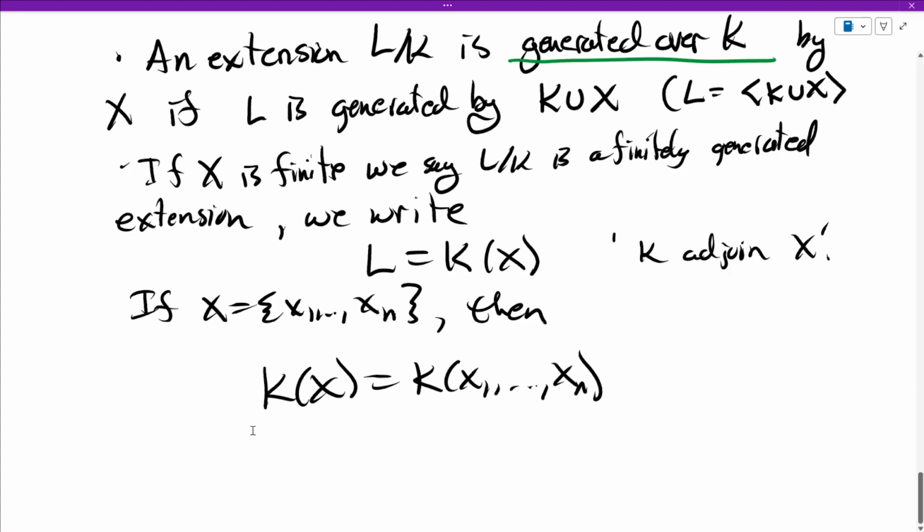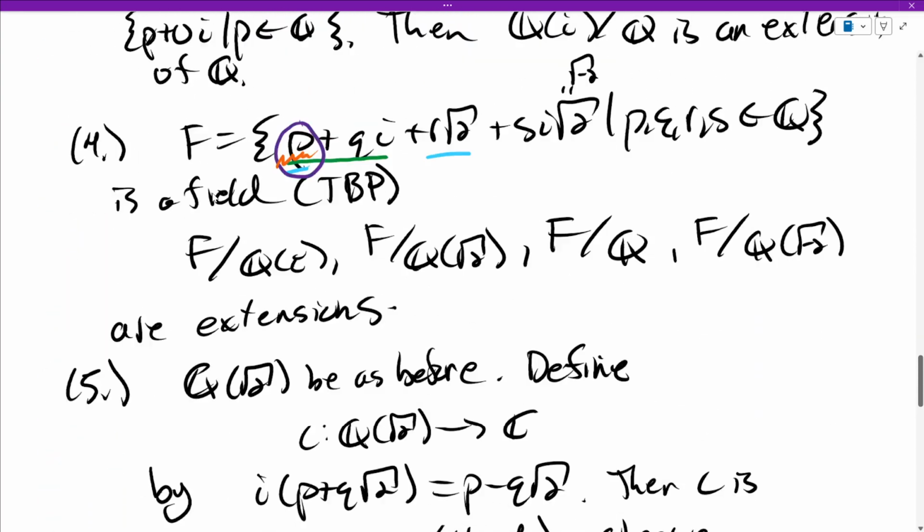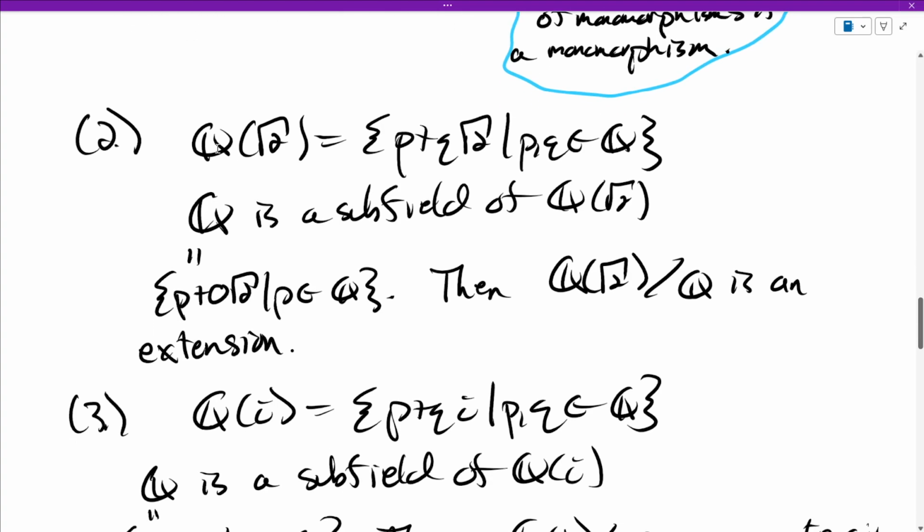Let's scroll up for a second and verify that this is the notation that we were using before. Q adjoin root 2 is the smallest field that has access to Q and root 2.